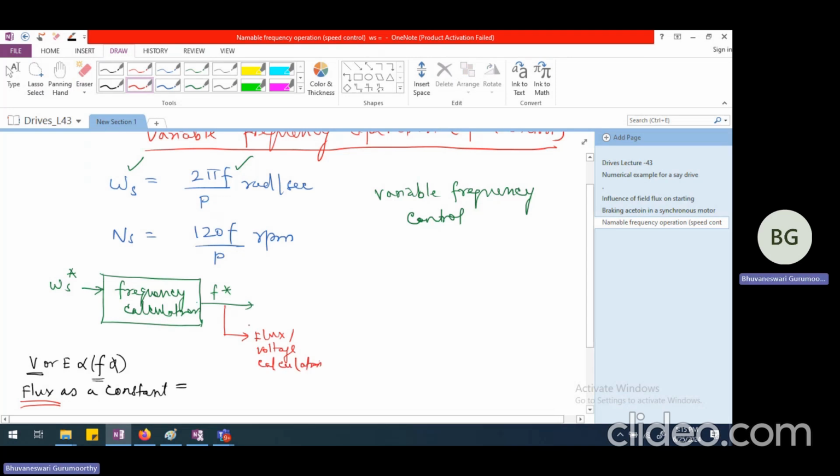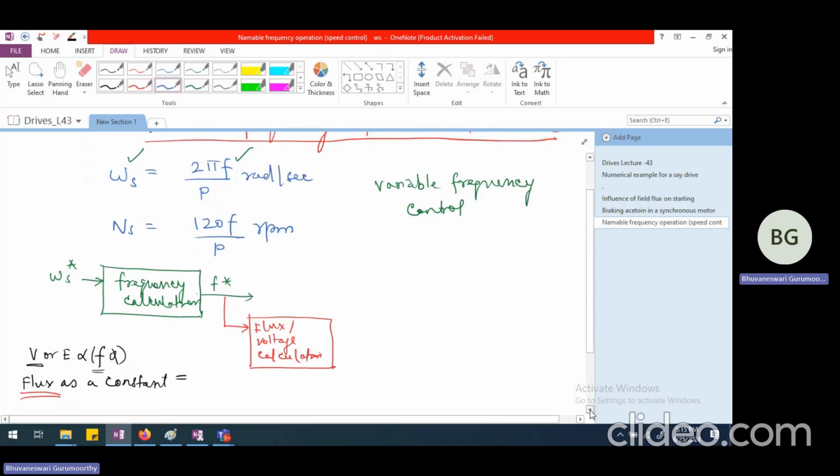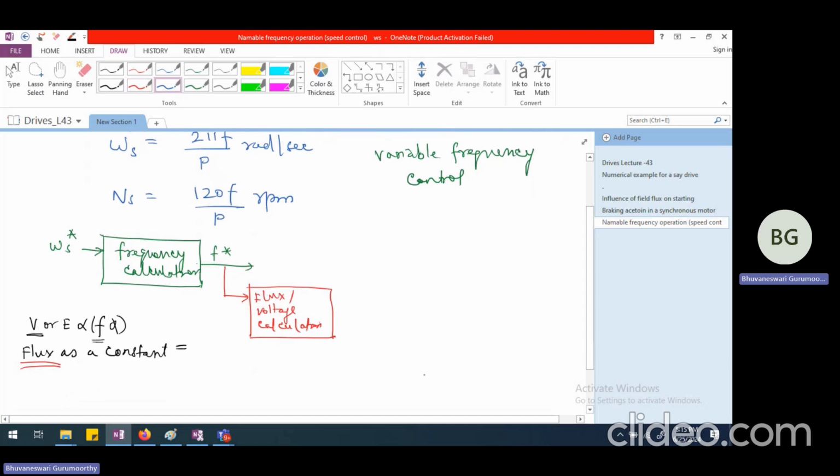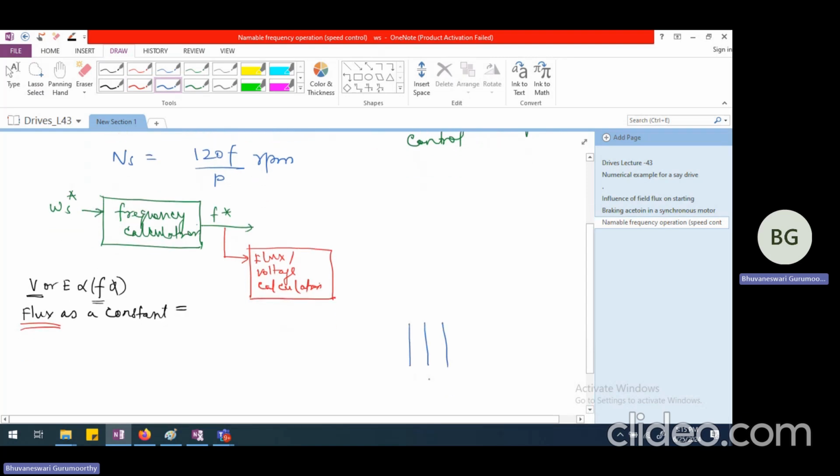So once I calculate the voltage, for most of the synchronous machines, the power supply required will be pretty large. The capacity required will be large. So what I will have is a three-phase supply, which is at 50 Hertz.